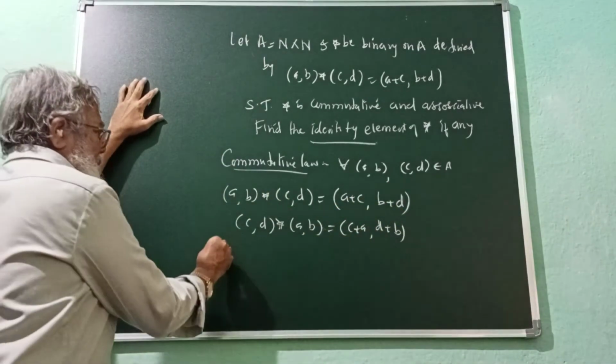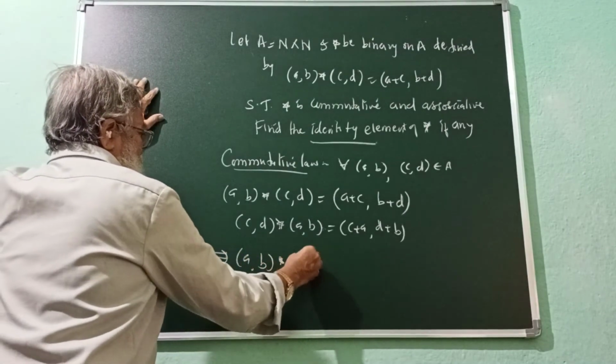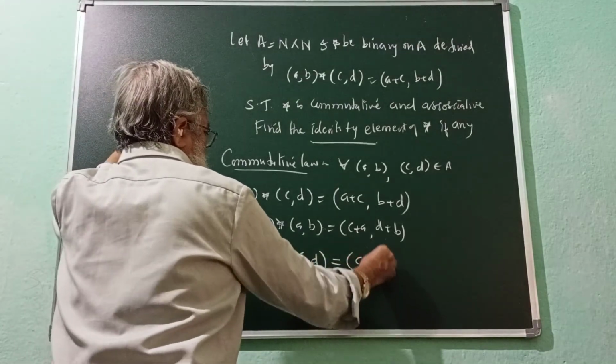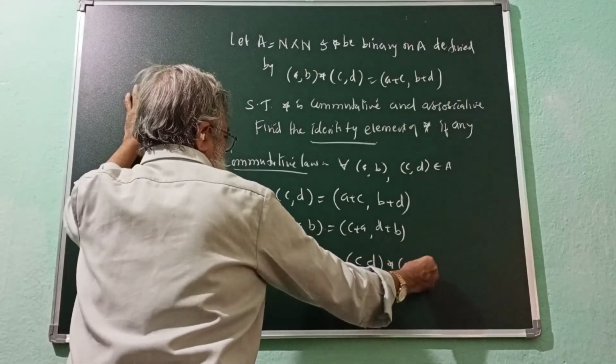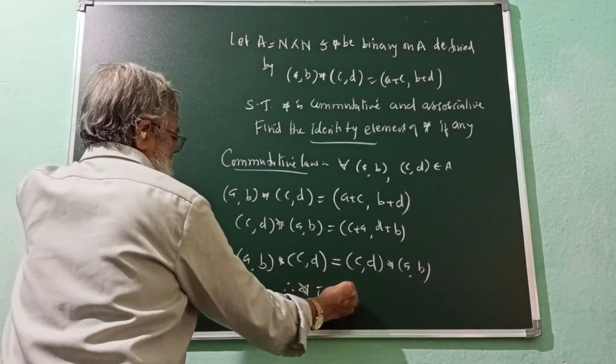Here we can say AB star CD is the same as CD star AB. Therefore star is commutative.